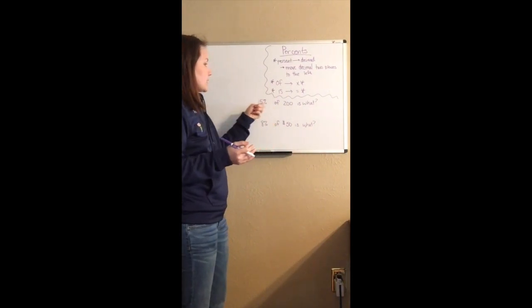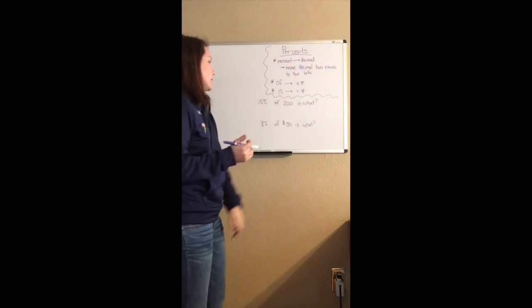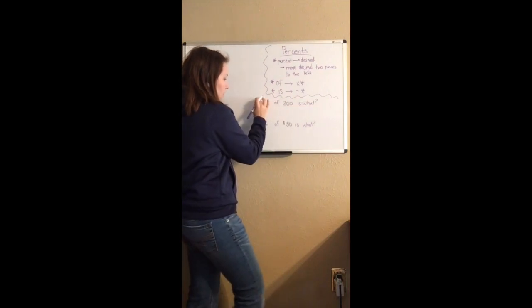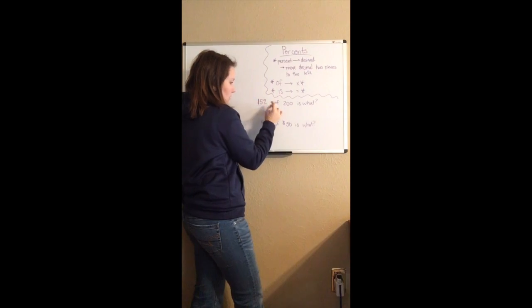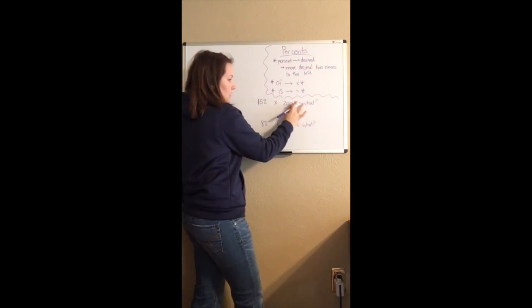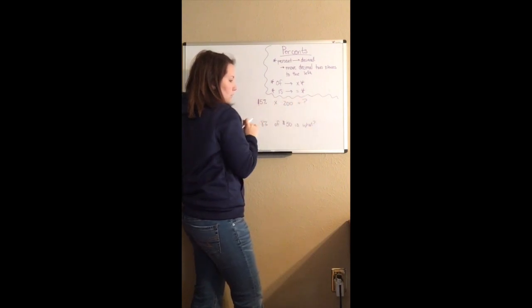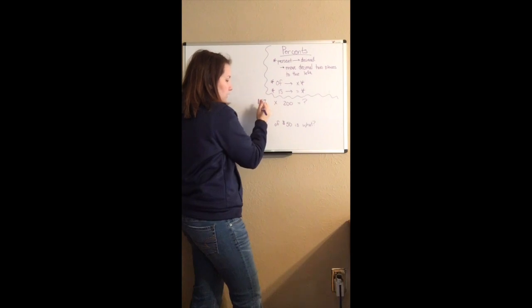So we have 15% of 200 is what? So we have 15%, and I'm going to replace this with the multiply and this with equals question mark. So I'm going to convert this, drop the percentage sign, add the decimal, 2 places to the left.